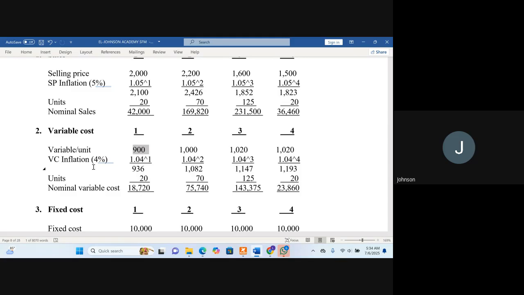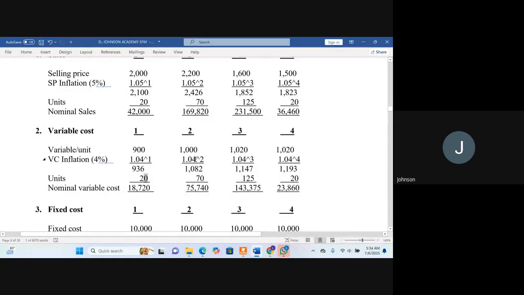Once you have done that, you raise it to power 1 because it's year 1. Then for the variable unit price for year 2, once you have inflated the variable cost, it becomes 936. So you take the unit price and multiply it by the units demanded, and you get the inflated variable cost for year 1, which is 18 million. Because 3 zeros are up, it is 18,720,000.